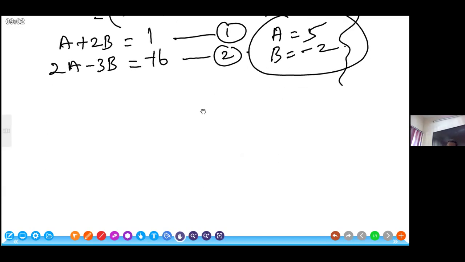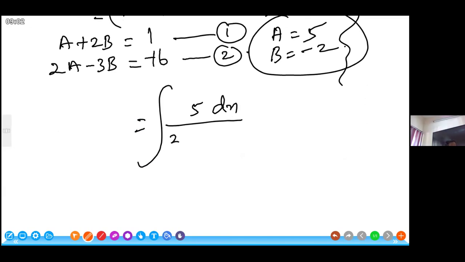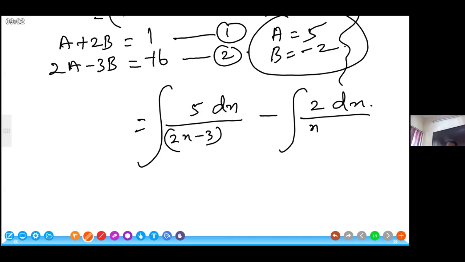So we can substitute: integration of 5 dx by 2x minus 3, minus integration of 2 dx by x plus 2.